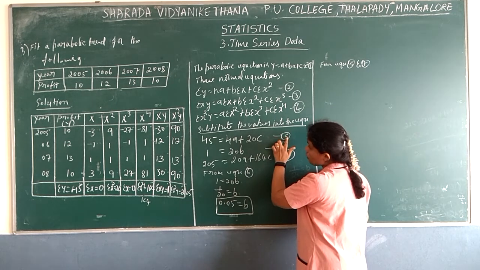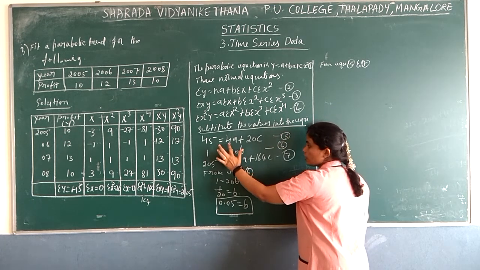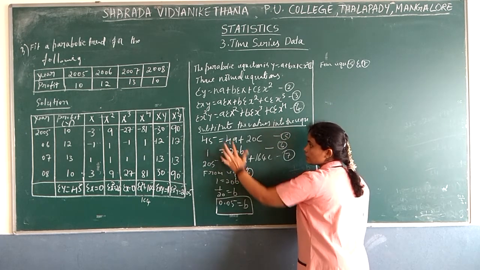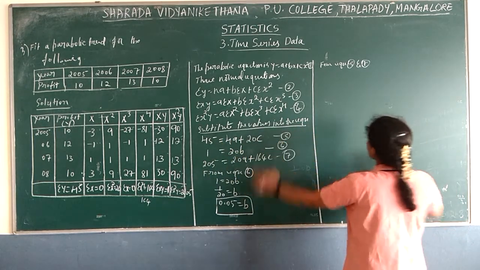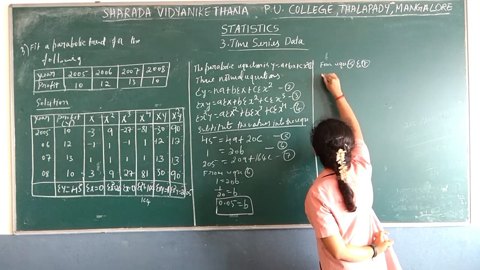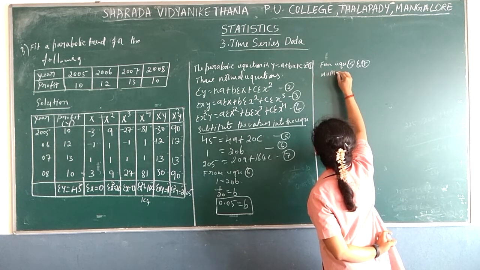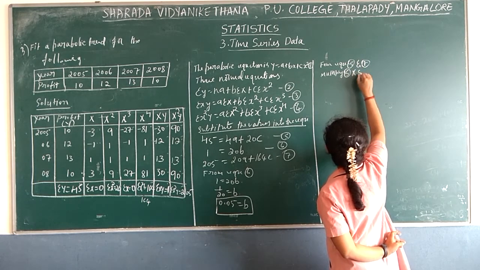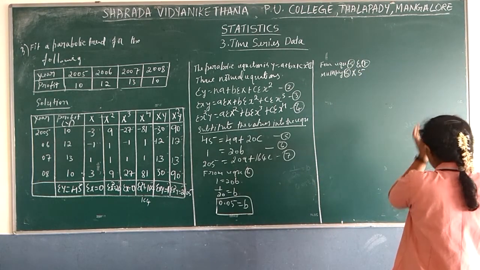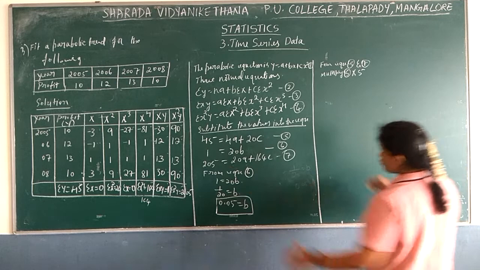If we multiply the 5th equation by 5, we can make these two equal. 4 into 5, 20 we will get. So multiply the 5th equation by 5.